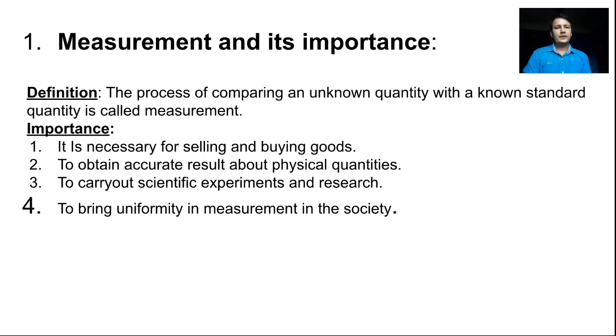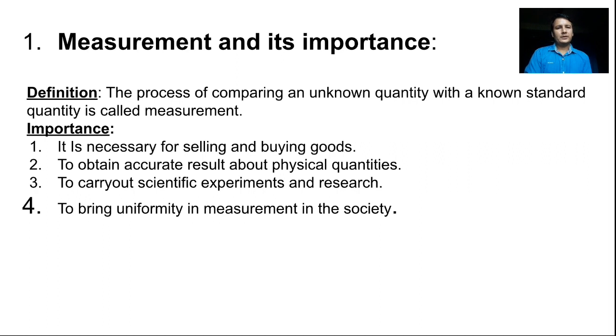Number first, it is necessary for selling and buying goods. You can see in the market, the shopkeeper is selling and buying goods by using measurement. So measurement has made his work easier. Number second, to obtain accurate results about physical quantities. Measurement helps us to get the exact amount of physical quantities.